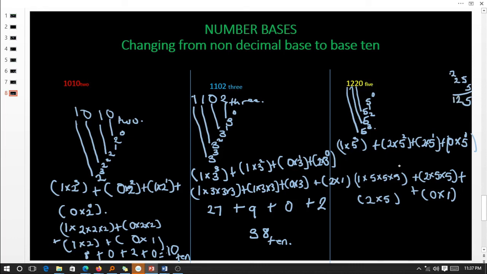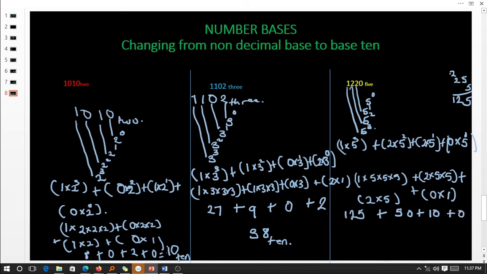So all of this bracket here is giving us 125. Then plus 2 times 5, that is 10. 10 times 5, automatically it is a 50. Then plus 2 times 10, that is a 10. Then nothing times 1, or 0 times 1, we get 0.